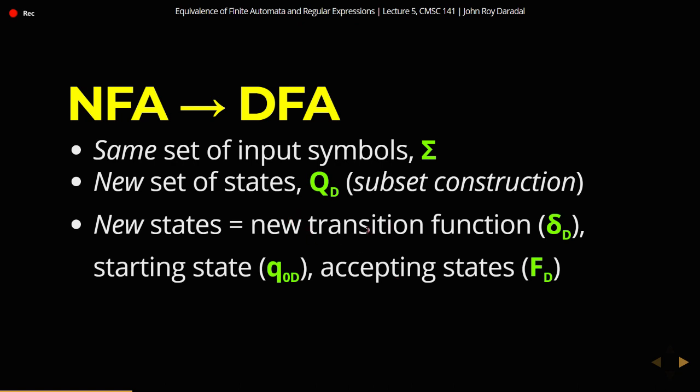We cannot keep the same ones because we have a new set of states, and all these three are dependent on the set of states Q. So everything else will be changed except for the input symbols.